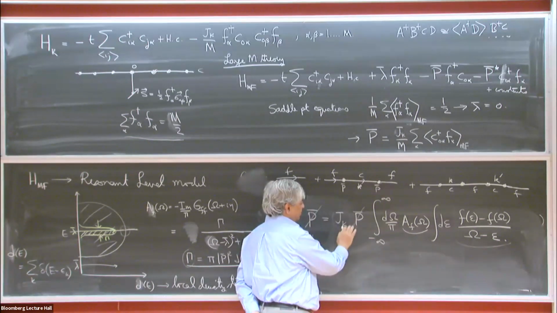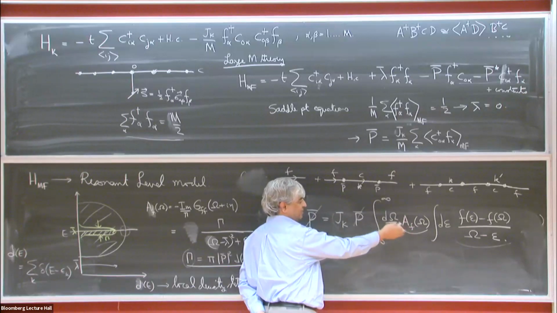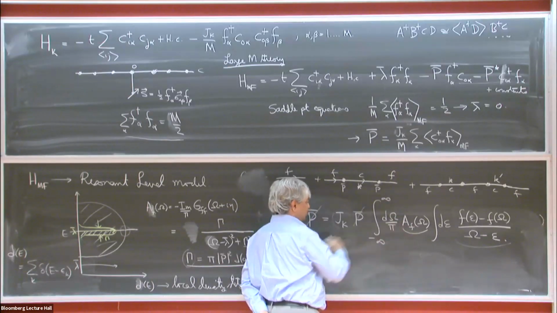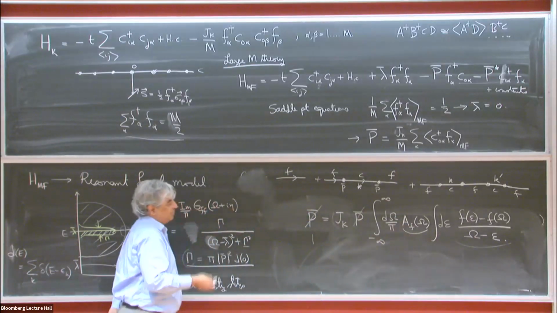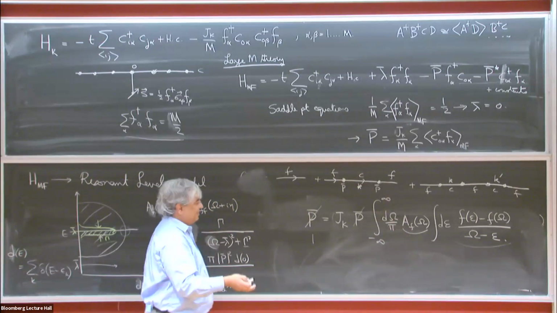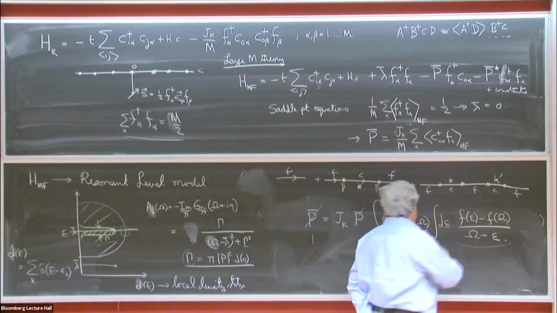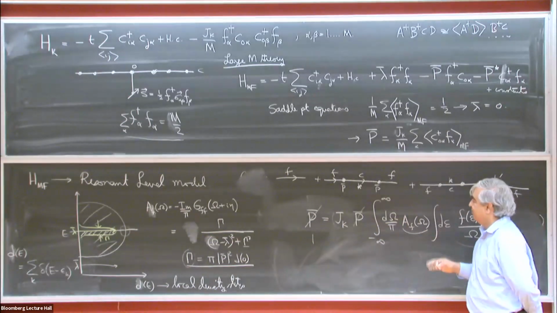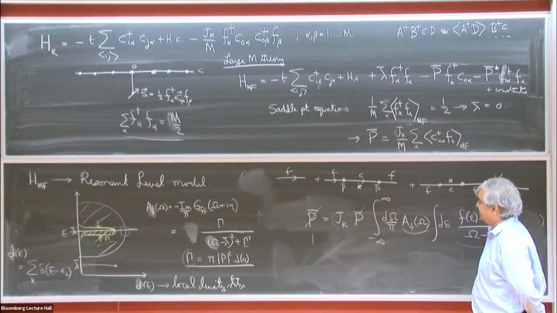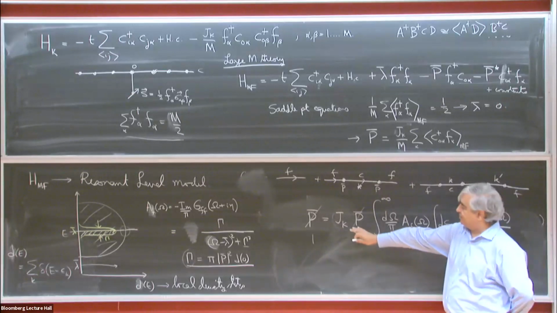Now this is a very small number. So if you want to have any hope of a solution as JK goes to 0, this expression better diverge as JK goes to 0. If it doesn't, you won't have any solution, and the only solution would be P bar equals 0. But in fact, in this case, this expression does diverge. So you're guaranteed to have a solution no matter how small JK is.